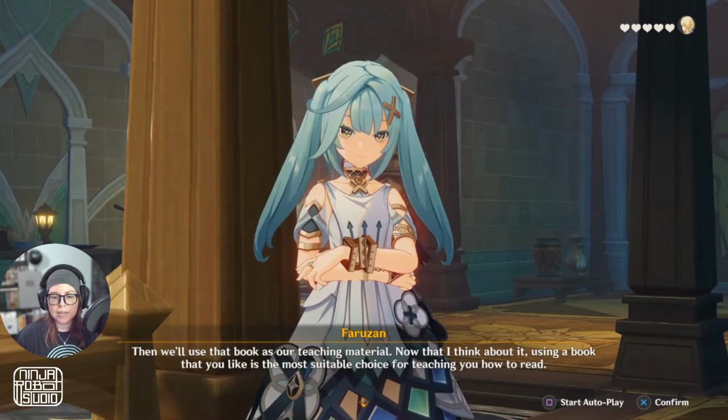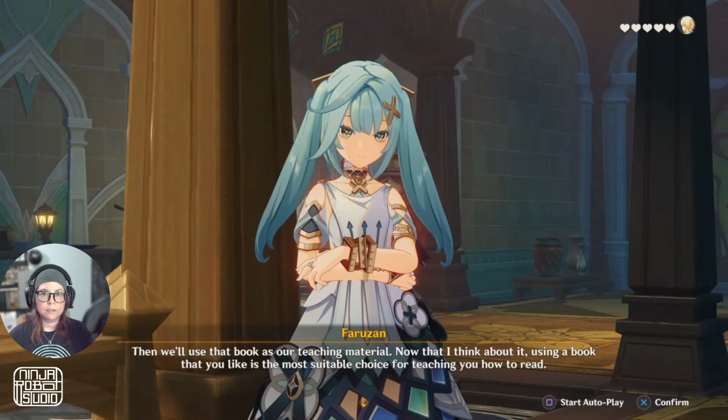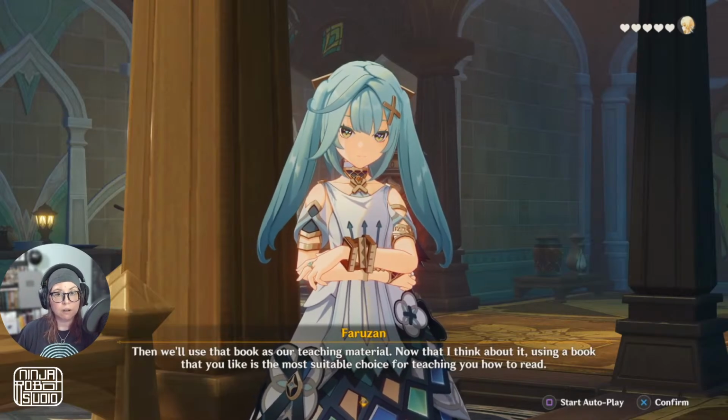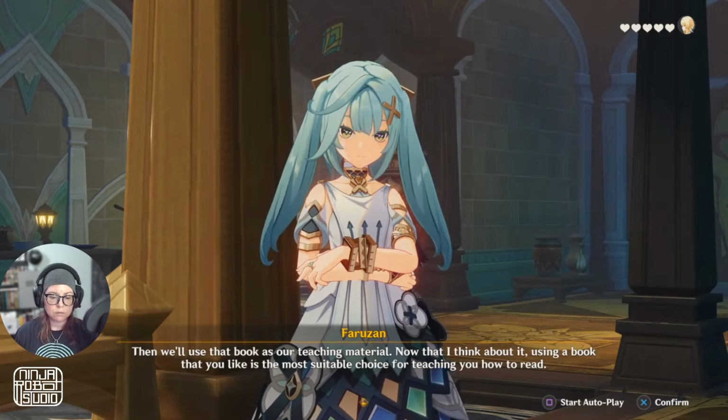And in her quest to do what she wanted to do, Faruzan, as the researcher, had forgotten an important thing, which is that she had started talking down about the book that Collei liked, instead of listening to her target audience and finding out why they like it and what they want so that she can meet their needs more effectively.